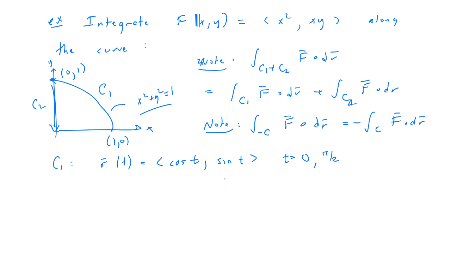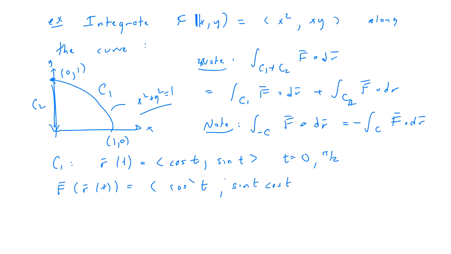So otherwise, we do it just like the last one, which is now that we have the parameterization, we plug that into our vector field. So we have x squared, so we have cosine squared of t, and then xy, which is sine of t cosine of t.